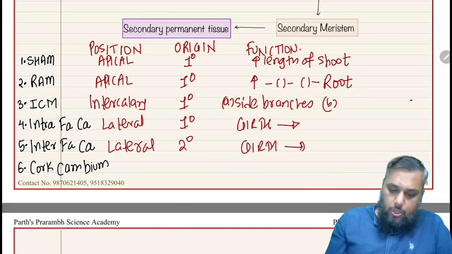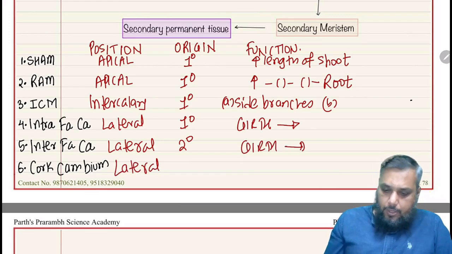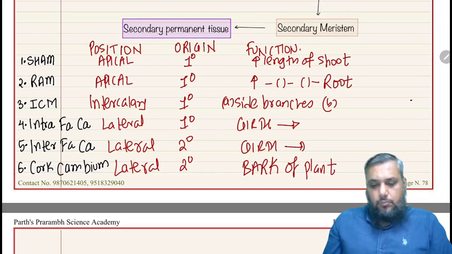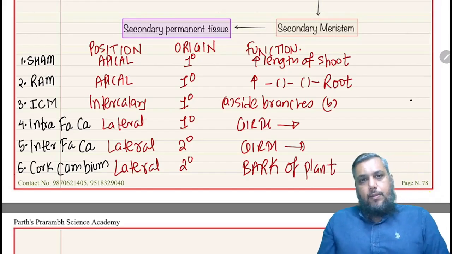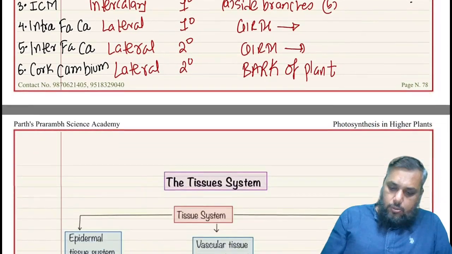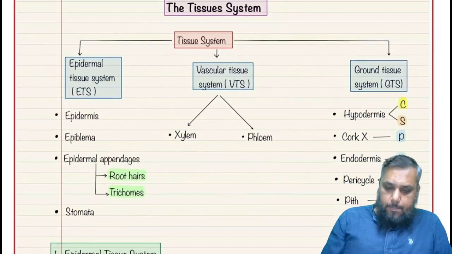Cork cambium with respect to position is lateral, with respect to origin is secondary. It will help in the formation of the chhal, that is the bark of the plant. Okay, so this is how you can always remember these different types of meristems.